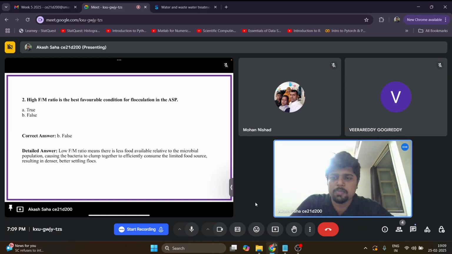present in the system. Okay, so due to the lesser availability of the food, the flocculation or the clumping of the bacterial mass will happen, and this will result in denser and better settling flocs. Okay, so that is the reason.